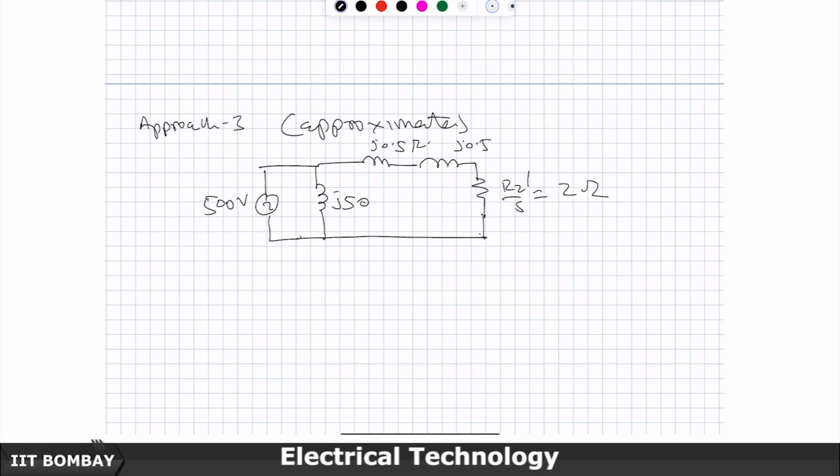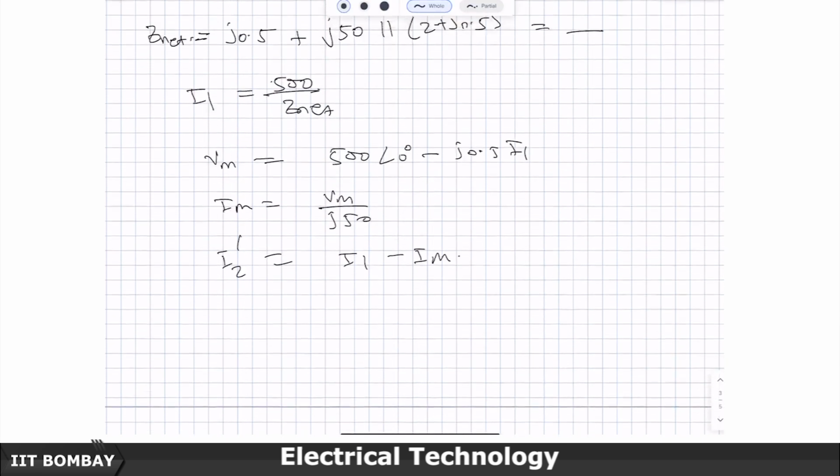Since we are only interested in I 2 dash, we can write I 2 dash as 500 divided by 2 plus j 1.